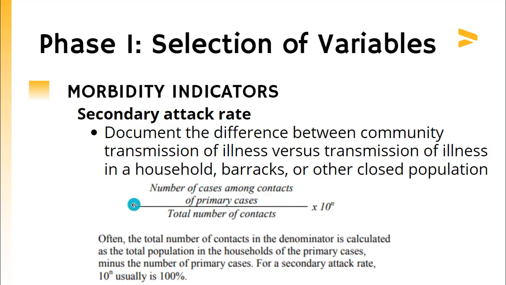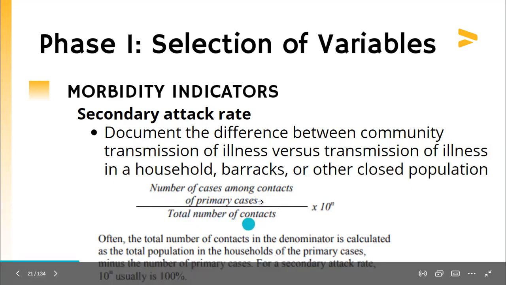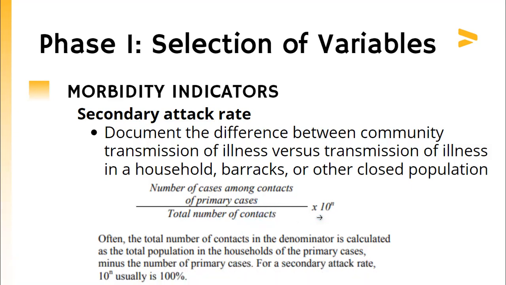So since this is a proportion, we divide it with the total number of contacts of the primary cases. And then we multiply it with a factor of 100 because this is a proportion again, which is better expressed as a percentage. So again, math is better explained with examples.